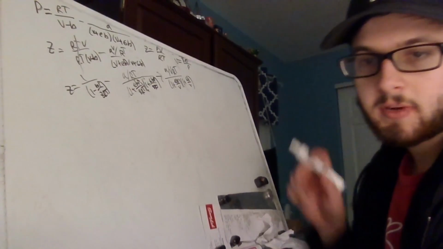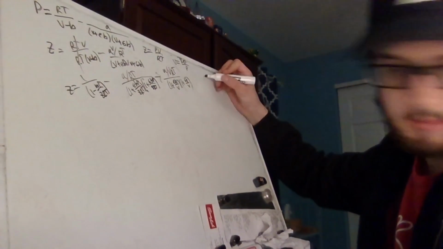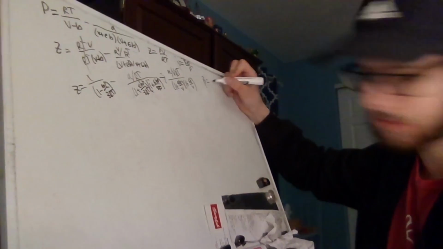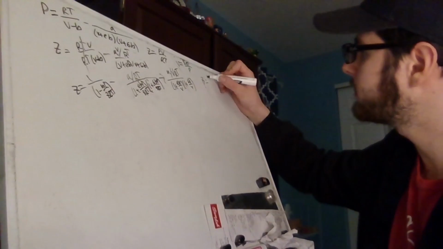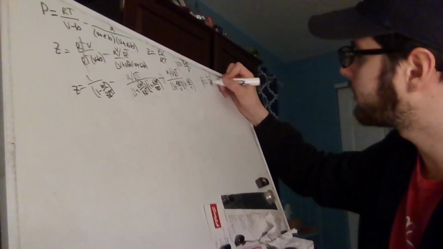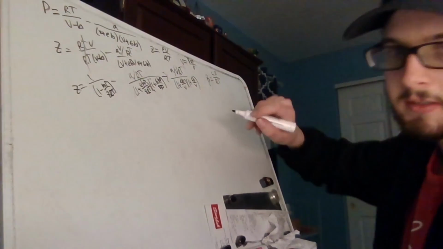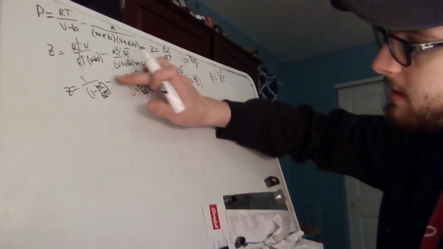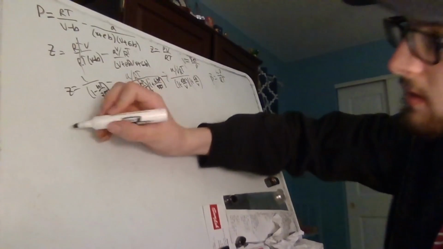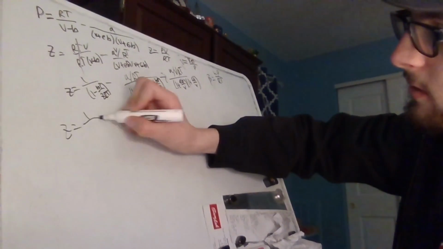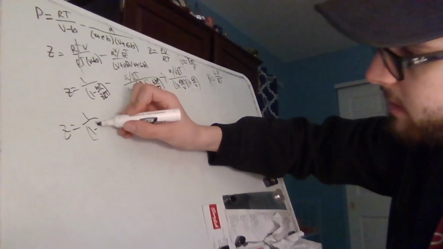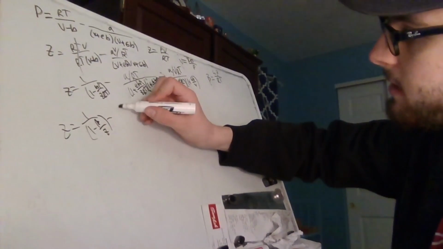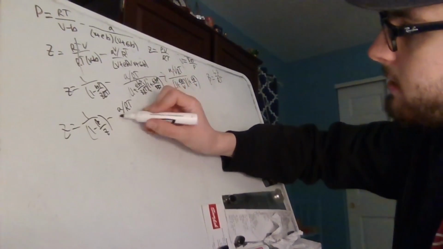And so from there, we have this thing from a textbook. Let me check my notes to make sure it's correct. Beta is equal to bP over RT. So with that information, we can change all this to betas. So it'll be Z is equal to 1 over 1 minus beta over Z, minus a over RT.